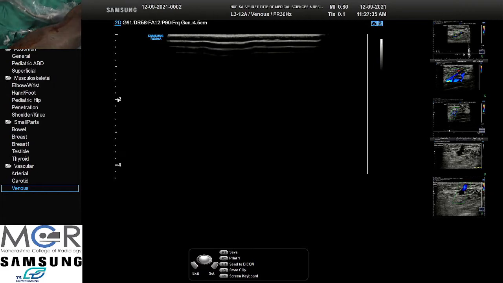Flush. I'm not getting backflow, although I see the needle in the vein.